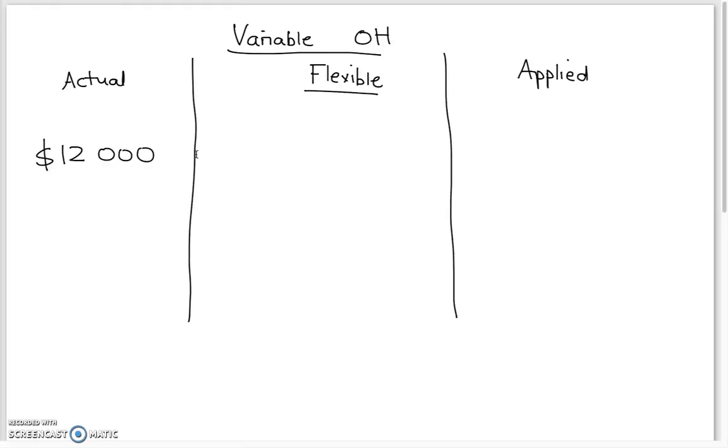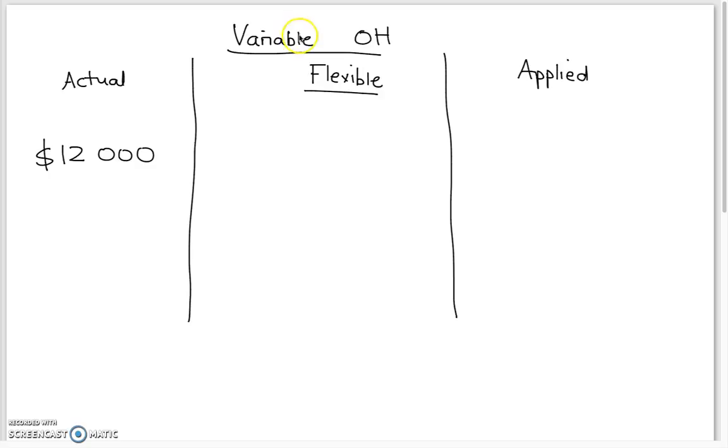What flexible does is it takes that budgeted rate and multiplies it by your actual level of production in order to make your findings more accurate, right? Again, if you want to know more in depth about flexible budgets, you can always refer back to my chapter 10 video.